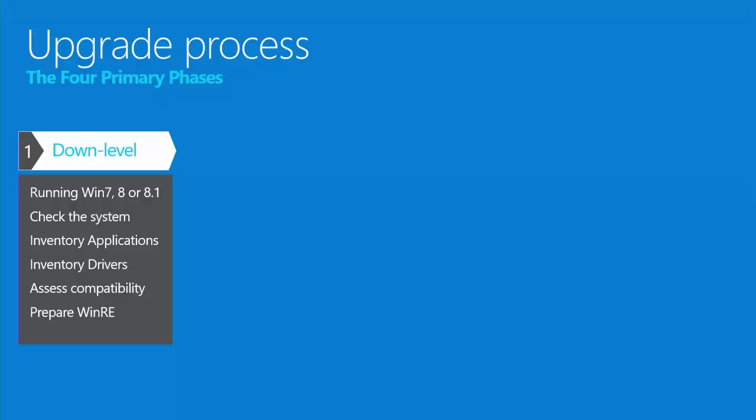It will also go out and download the latest cumulative update for Windows 10 so that the machine is pre-patched before the upgrade actually runs. So if there's a bug that caused any issues, we can apply the patch that fixes that bug before we even install the OS. So all of that's happening in the down level part where we're doing that dynamic update.